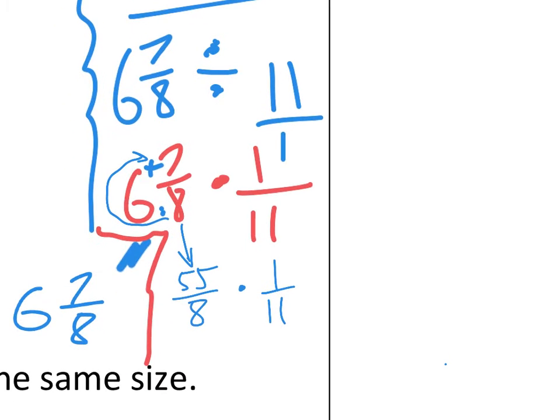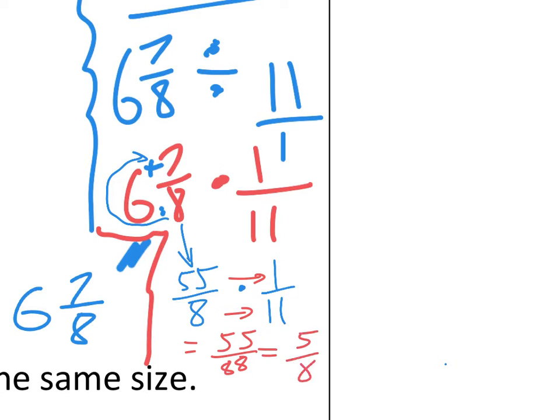Now we're going to multiply this by 1/11, that is, divide by 11. What that really does in this case is we multiply straight across. This is 55 over 88. And now 11 goes into those, so let's divide by 11.